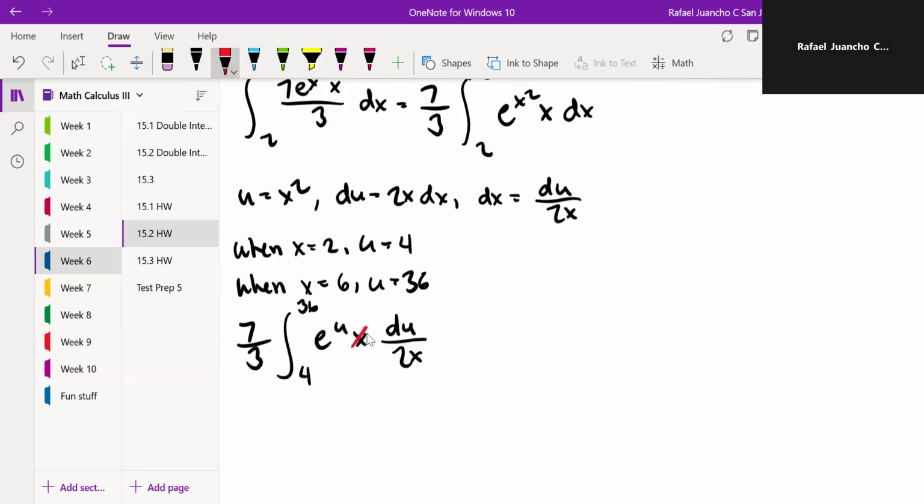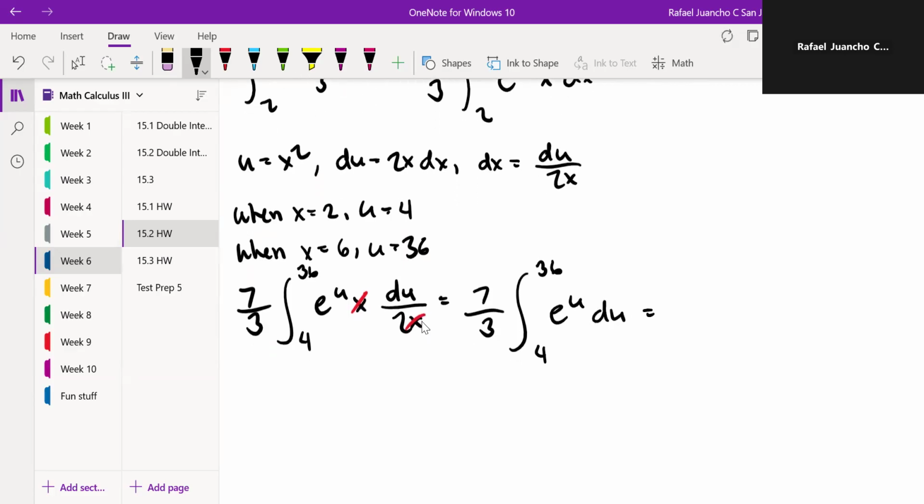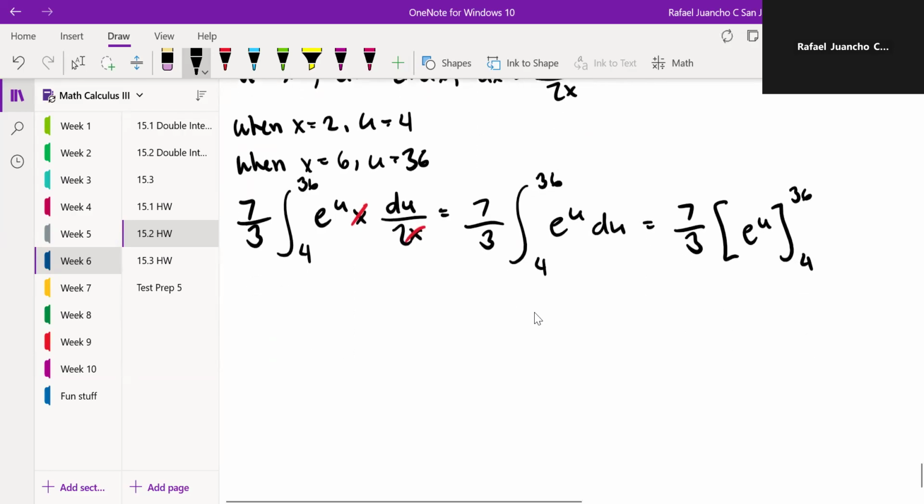So that way this cancels, right? So I could use u-substitution, surprisingly. This is e to the u du, right? And so this is just 7/3 e to the u from 4 to 36.